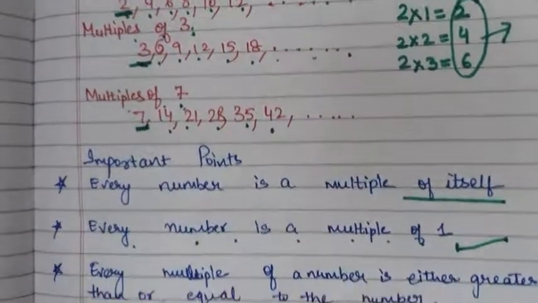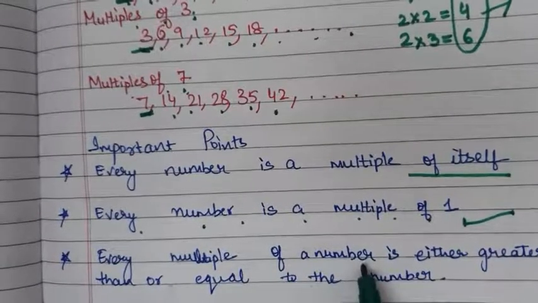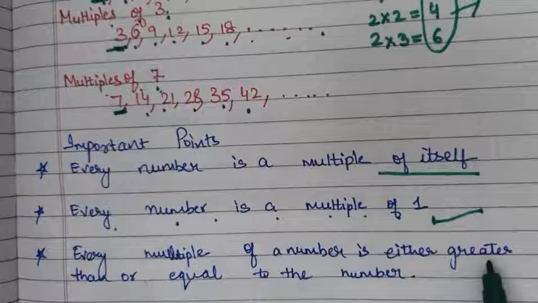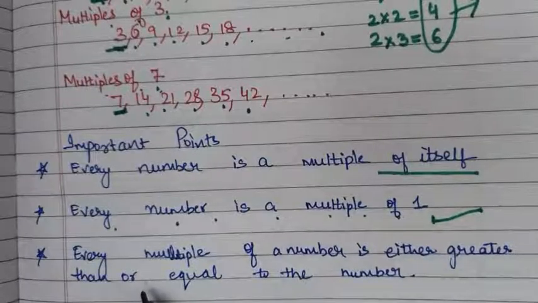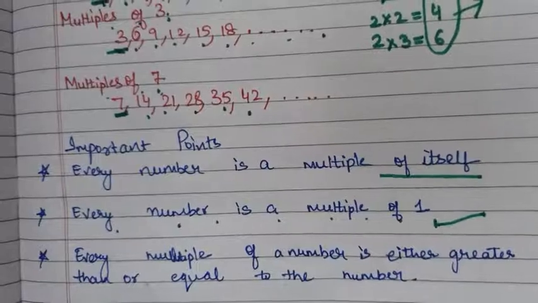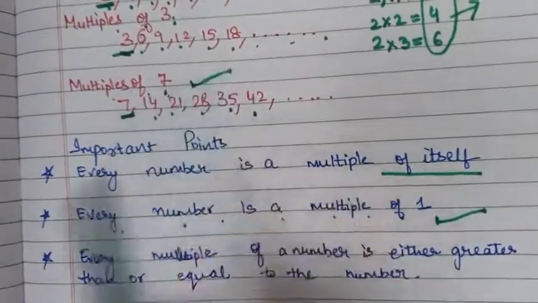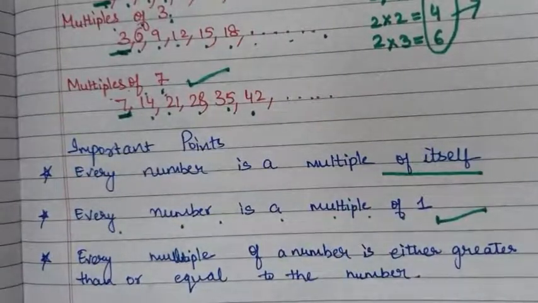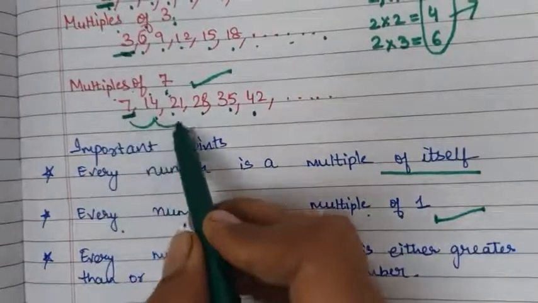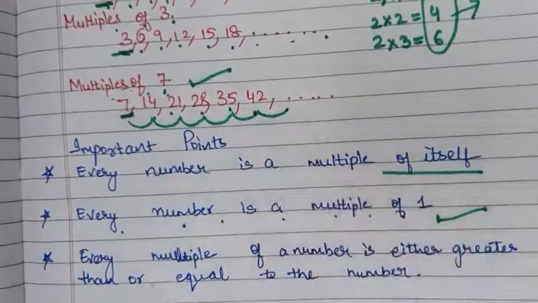Next, every multiple of a number is either greater than or equal to the number. Let us take the example of multiples of 7. These multiples, if you see, are increasing.